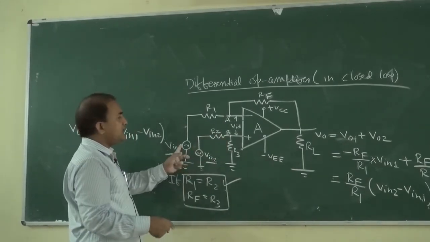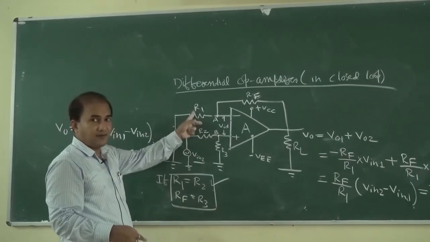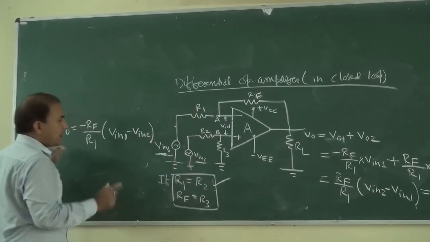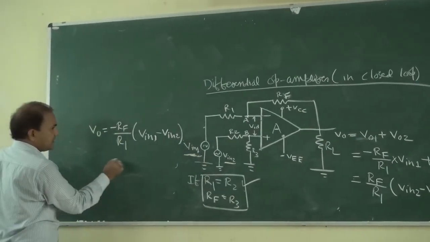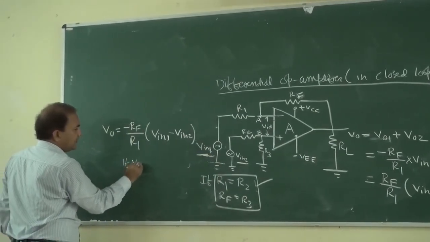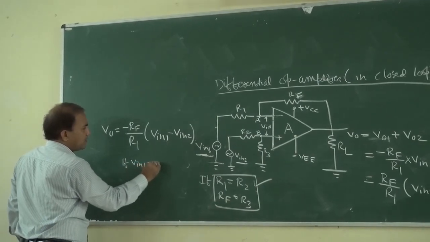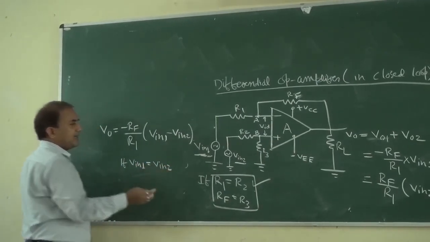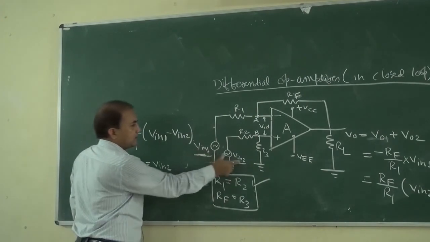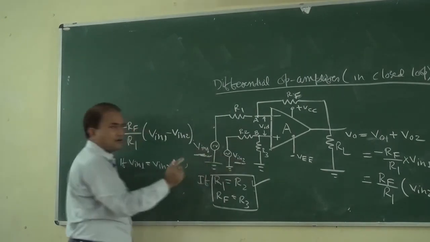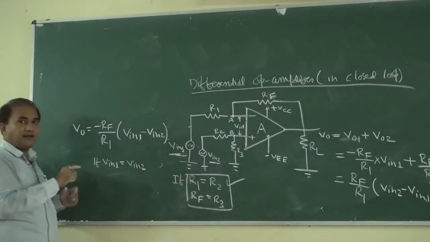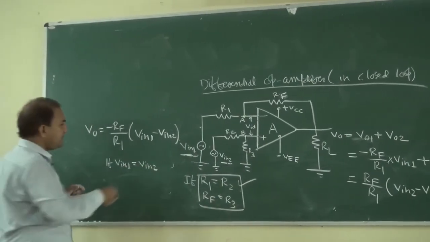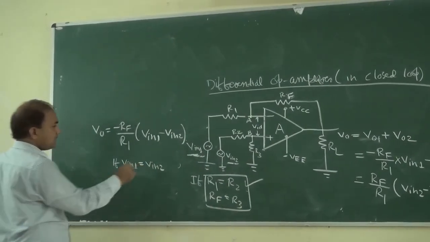If V in 2 is 0, it behaves as inverting operational amplifier. Now in case of differential mode, both magnitudes may be the same or different, but the phase will be different. It will be opposite phase.